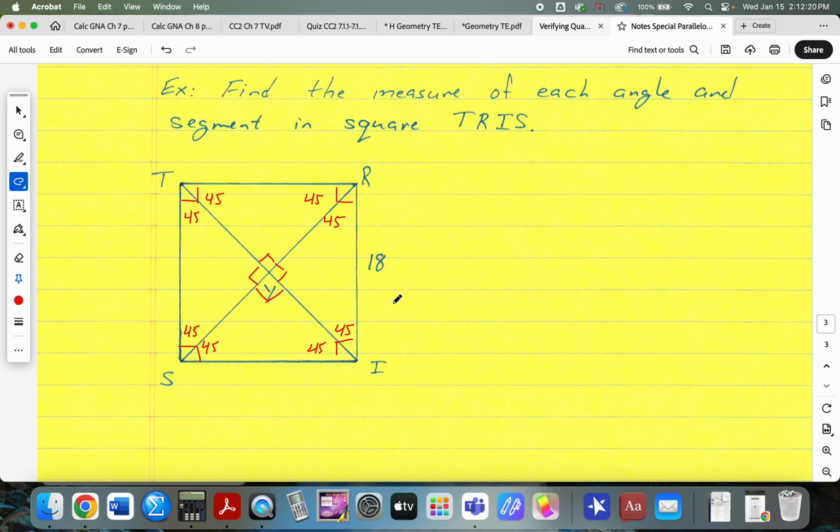Then for the segments, well, if this side is 18, all the sides are 18. And then I've got a 45, 45, 90 triangle. Like if I look at the one on the bottom, it's a 45, 45, 90 triangle.